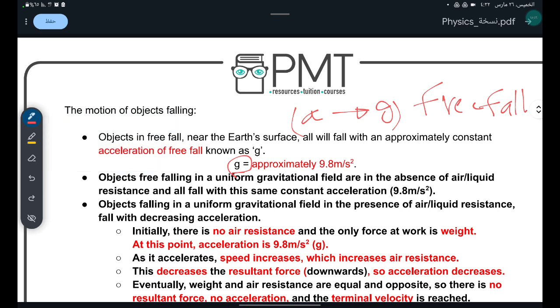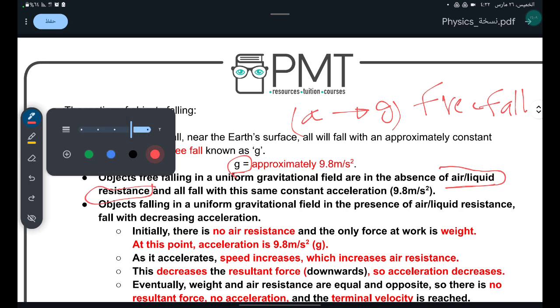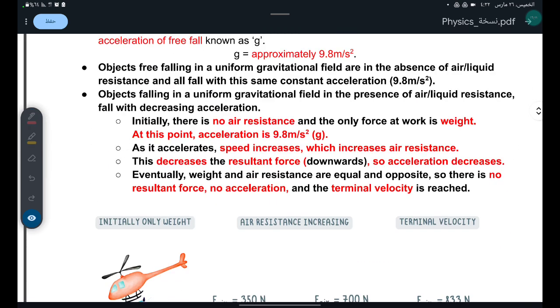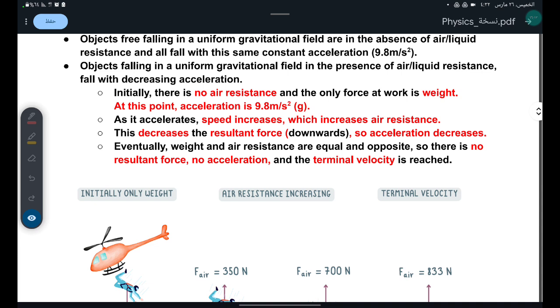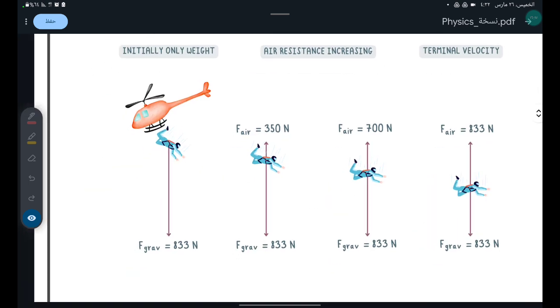An object free falling in a uniform gravitational field, in the absence of air or liquid resistance. Take a look at the following example.